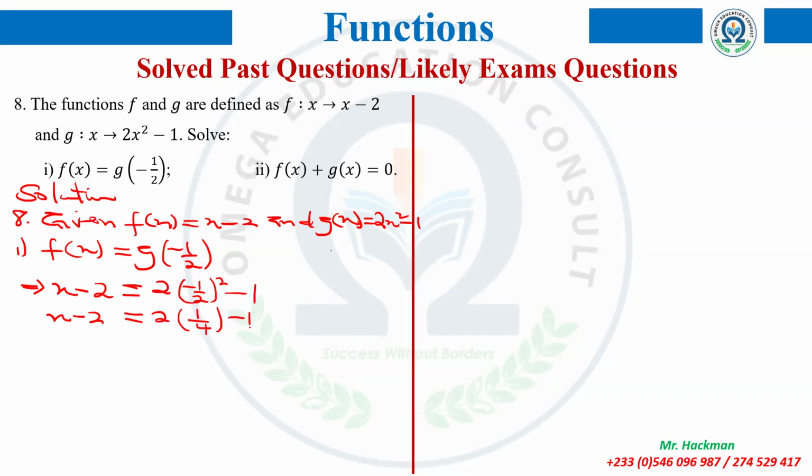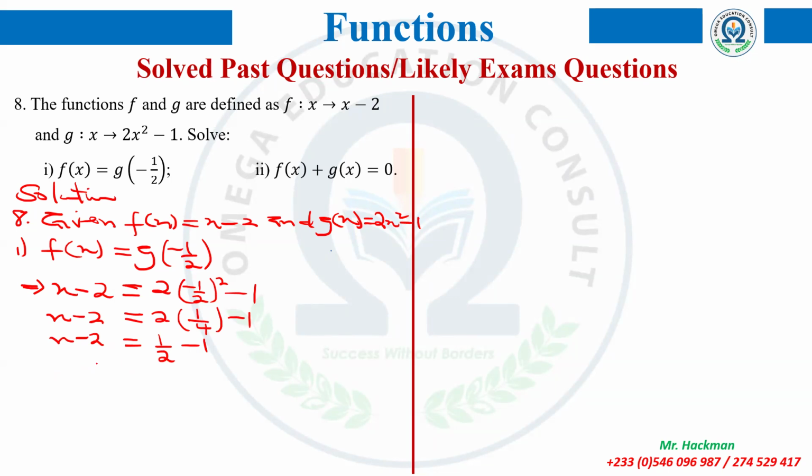Then minus 1. At this point, because the power here is 1, we can reduce. So that gives us x minus 2 is equal to, this will cancel to give us 1 over 2, then minus 1. So obviously, you know what to do.